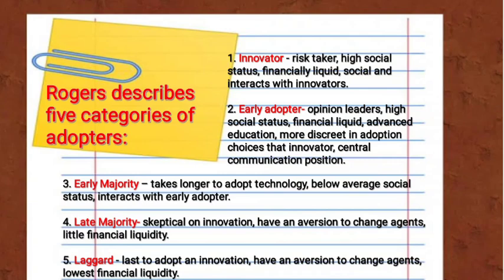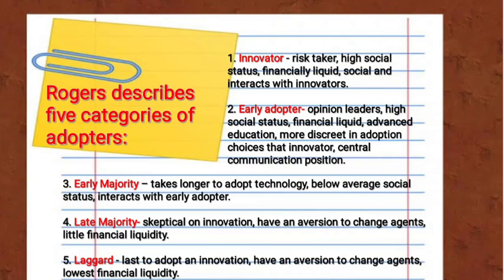Okay, so si early adopter naman, sila yung, say for example, doon sa iPhone 16 Pro Max, nung nailabas na siya sa industriya, sila naman yung pinaka-early na nag-adapt nung particular product, okay? So, meaning to say, sila yung central communication position. Kumbaga, sila yung tinitingala ng mga tao na if mag-adapt sila, of course, people will also adapt the particular product, okay?